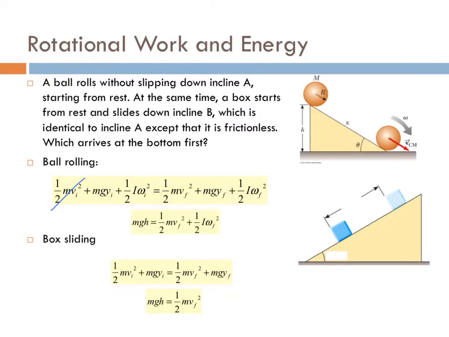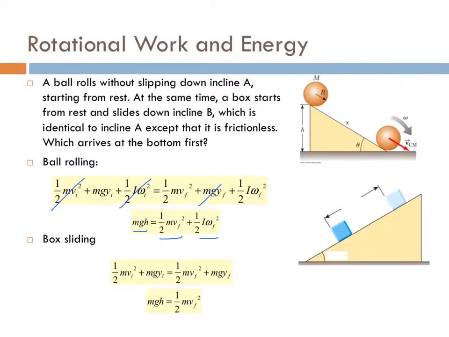We also have 0 rotational kinetic energy at the beginning, so all of our energy is gravitational potential energy. At the end, we're not going to have any more height, so we won't have any more gravitational potential energy, but we'll have kinetic energy from our linear velocity and rotational kinetic energy coming from our rolling.